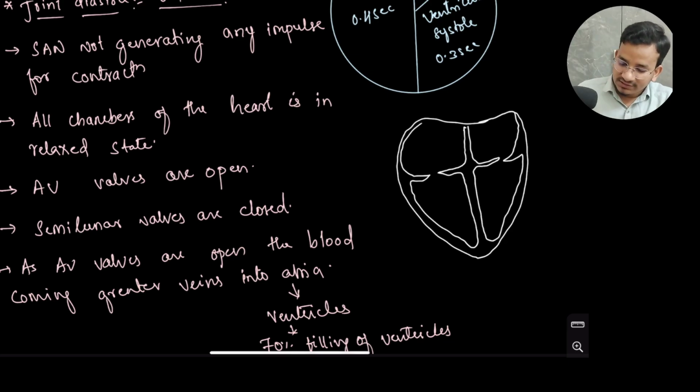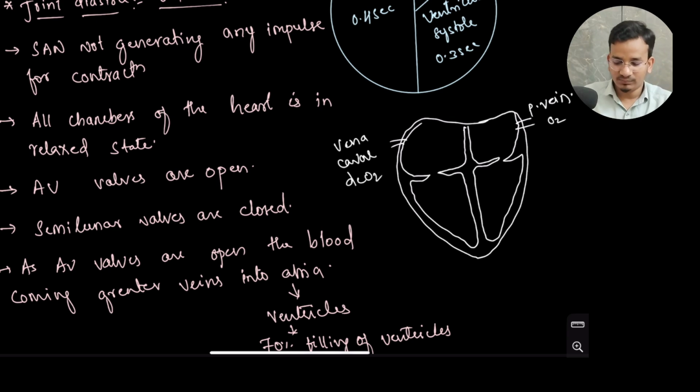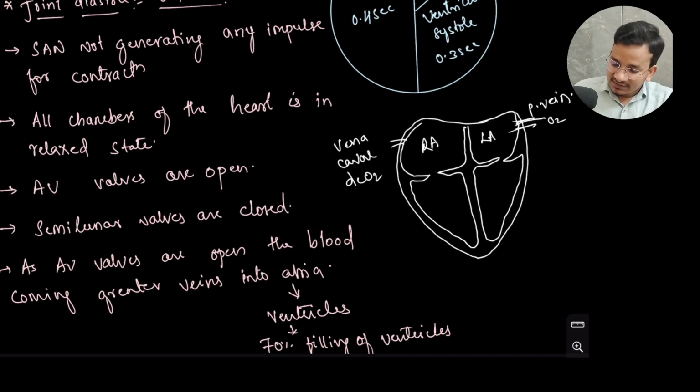Okay, so now you can see here the pulmonary vein is there, which is carrying oxygenated blood. Here the vena cava is there, carrying deoxygenated blood. So whatever blood is coming from the pulmonary veins is entering inside the atria.